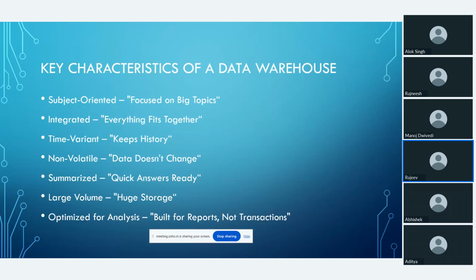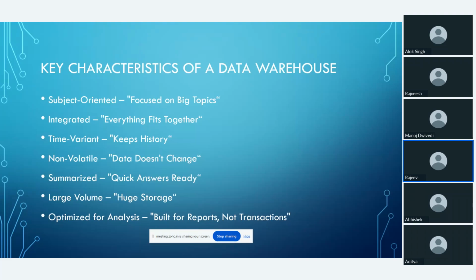Then the second feature of a data warehouse is that it is integrated. That means everything fits together. It pulls data from different sources, like I mentioned, sales apps, a portal, a customer database, Excel sheets, CSV, and makes sure everything matches.